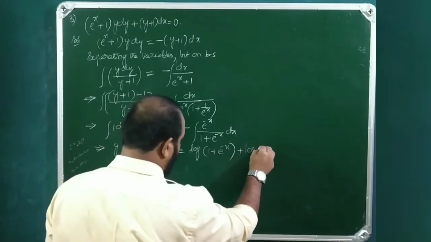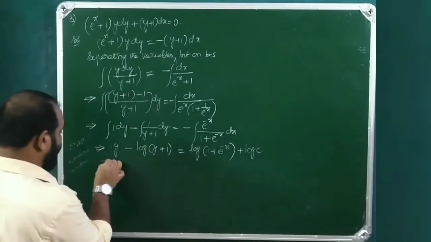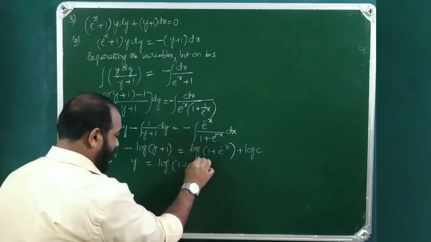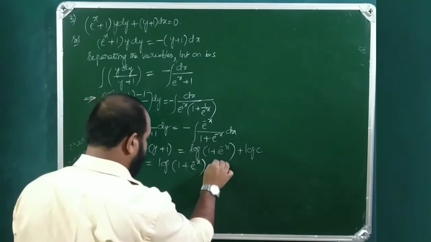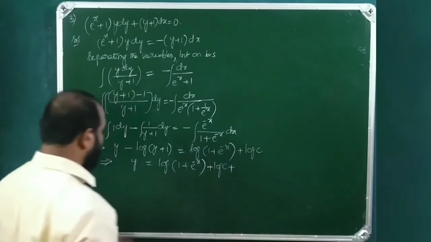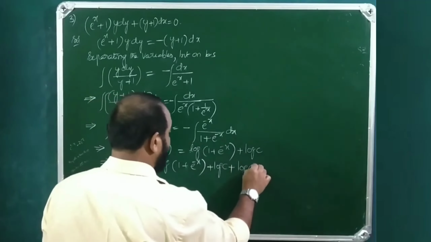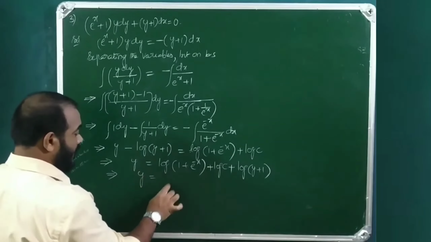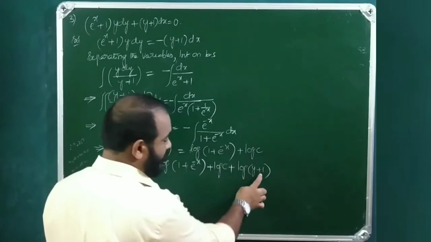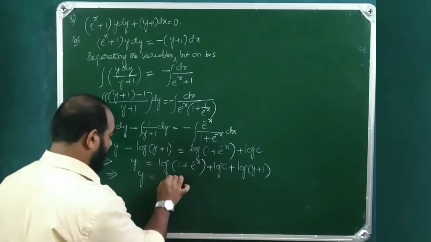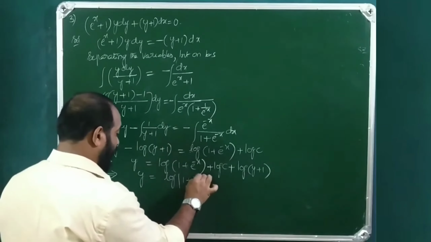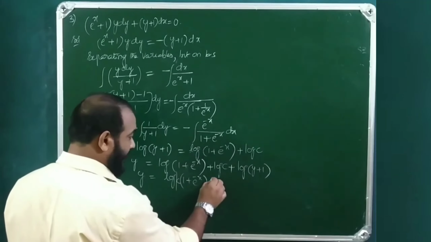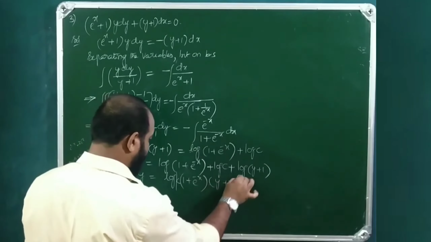C can be written as log c. So, this is equal to y is equal to log 1 plus e power minus x plus log c plus log y plus 1. This is equal to y is equal to log a plus log b plus log c, log abc, log 1 plus e power minus x into c into y plus 1.